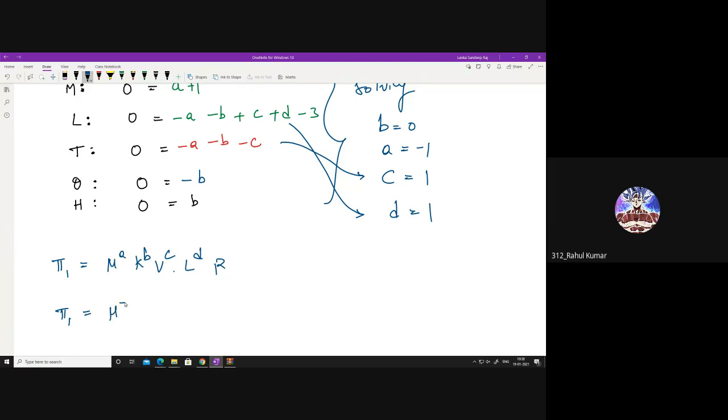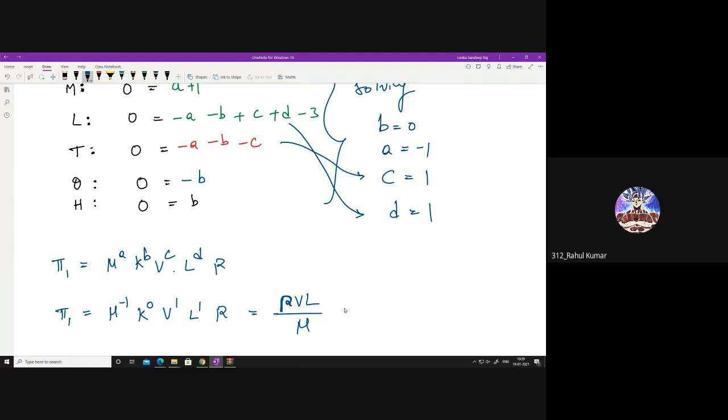So mu to the power of minus 1, K to the power of B is 0, V to the power of C is 1, L to the power of D is 1, and rho is anyway there. So pi 1 is nothing but rho VL by mu. Can you see that? What is this rho VL by mu?